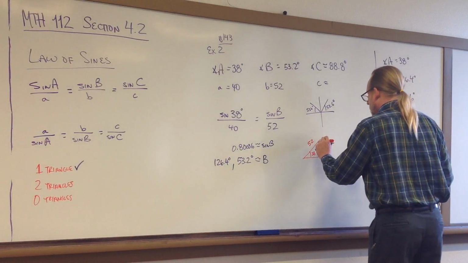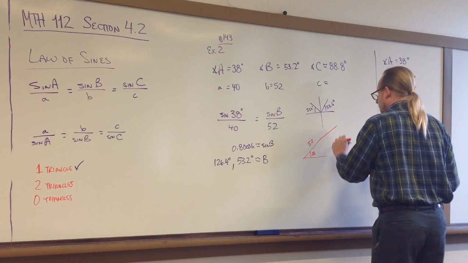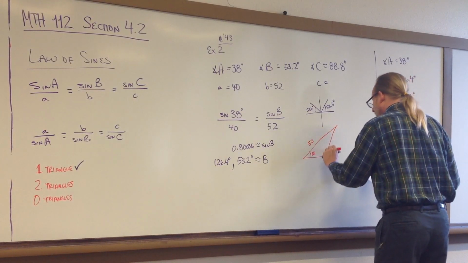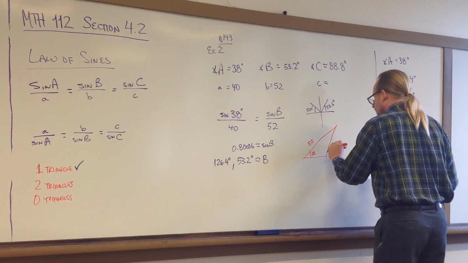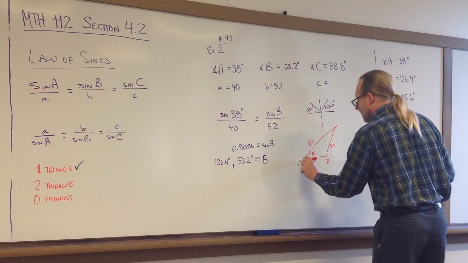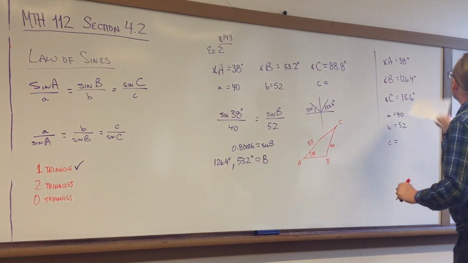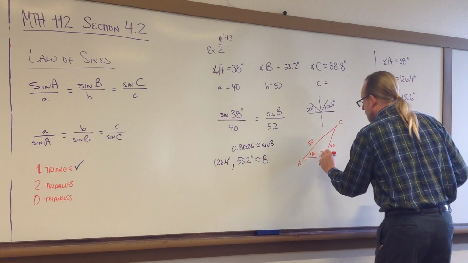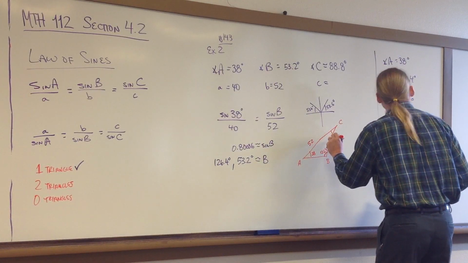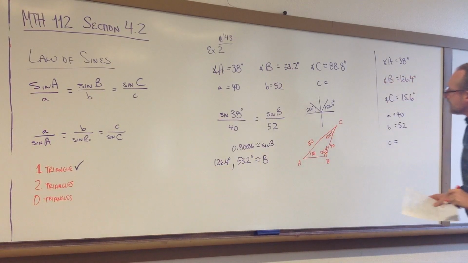Now side A can happen in two different ways. So one way it can happen is if it comes down like this as 40, and then let's see here, this is B, A, and C. This is the one that makes angle B 126.4 and angle C, this little tiny one, 15.6 degrees.